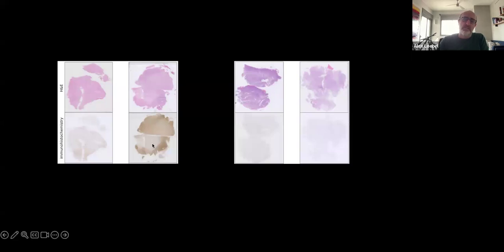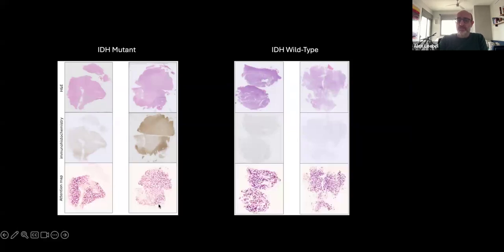So there is an immunotest, and when it is positive, you can see it on the left side, and this is how we know that the left side is the mutant and the right side is the wild type. The model correctly identified that the left side is mutant and the right side is wild type.